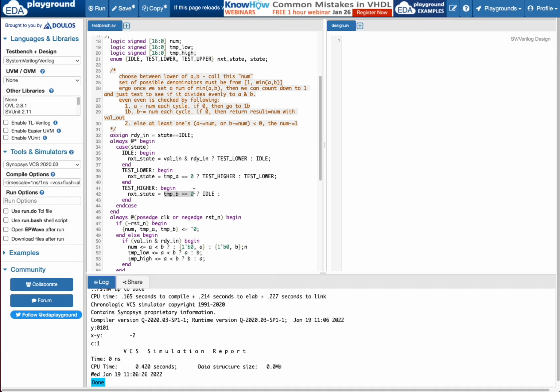So if this equals 0, it means the lower divides and the higher divides. And if this is less than 0, we need to do num equals -1 and then go back to test lower with that.